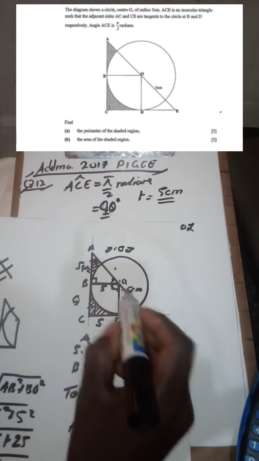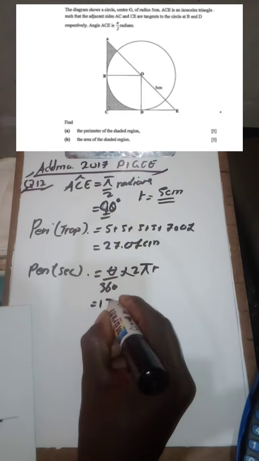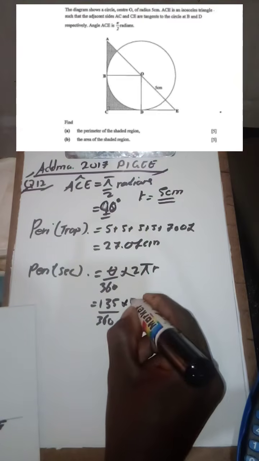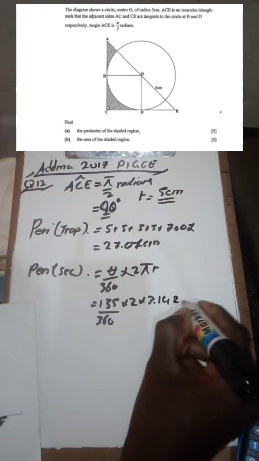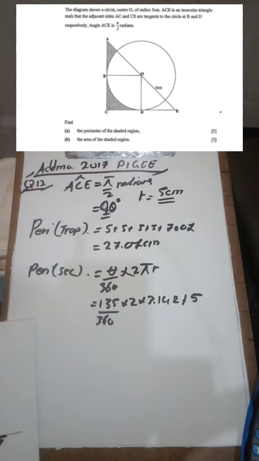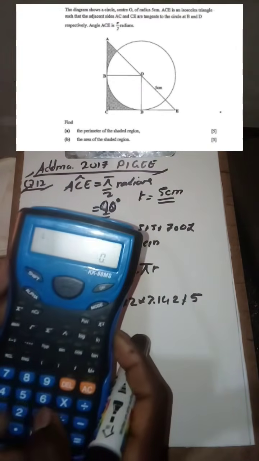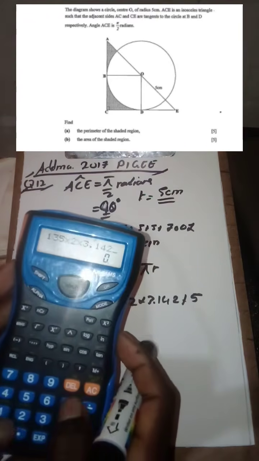So just a matter of you adding this 45 that is here plus this 90, giving you 135 degrees. Divided by 360 multiplied by 2 times 3.142 by the radius, which is 5.